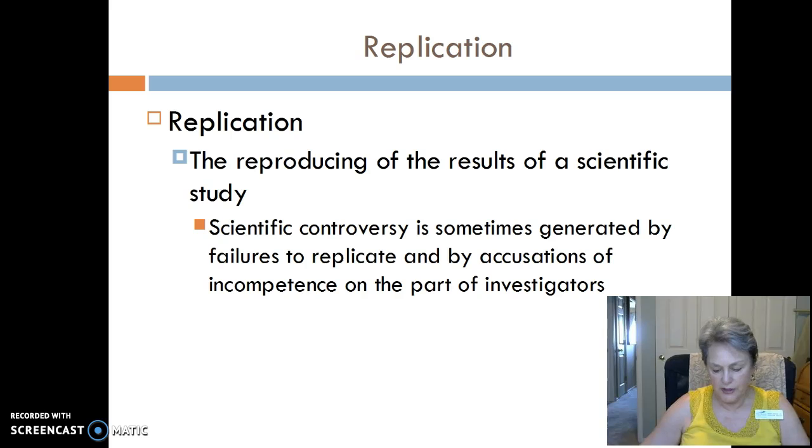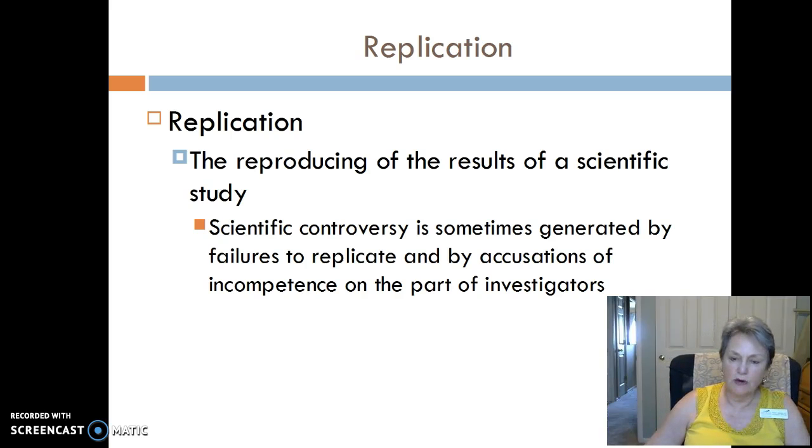So it's a really important piece to include if you're any kind of scientist, because replication ensures that you can have confidence that your independent variable is really having an effect.